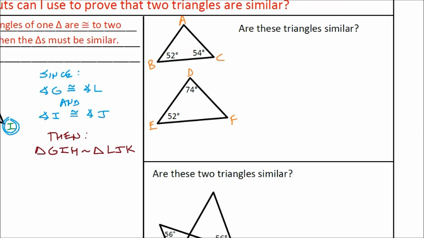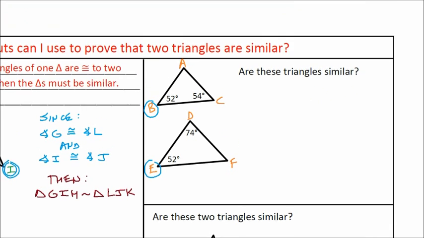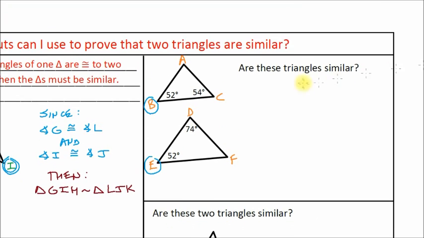All right, now I can already see that angle B matches angle E. So I've got one congruent angle, but I don't have another one. 74 does not match 54. And so there's a tendency for us to say, no, they are not similar. But you don't want to jump to that conclusion, because we need to find out what the final angle measure is to make sure we don't have a second congruent angle.